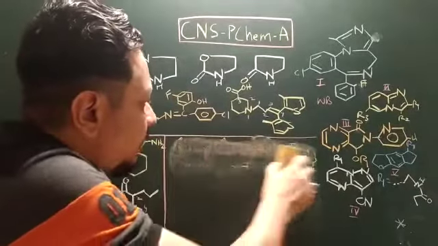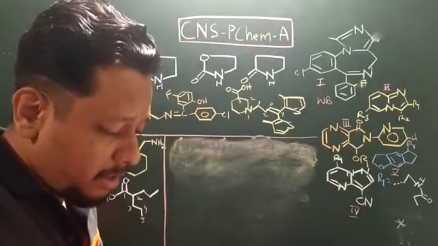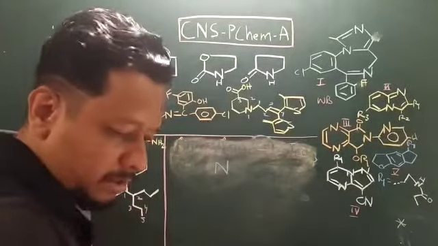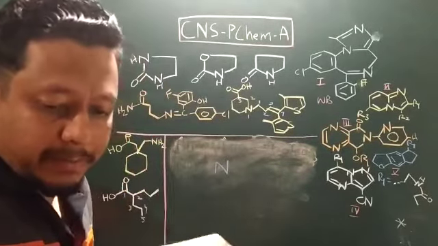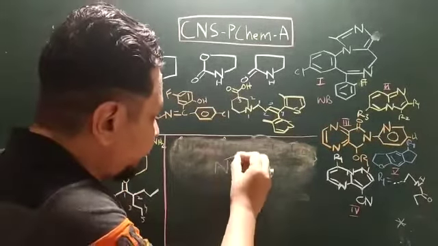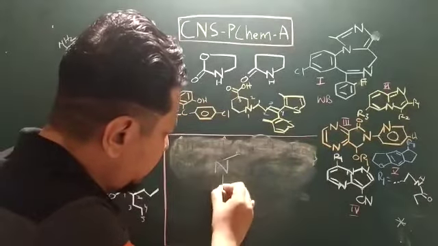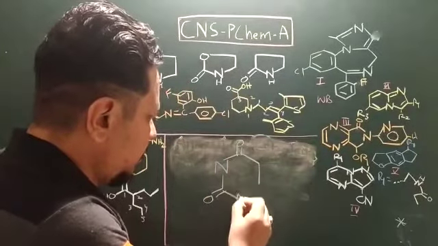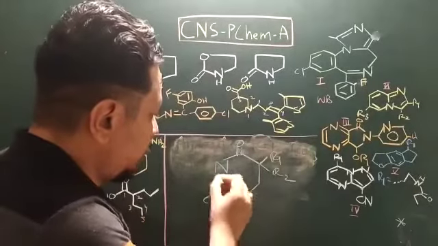Then coming to the next drug, which is not mentioned currently in the University of Mumbai syllabus but is very important, known as barbituric acid. This is R1, R2.